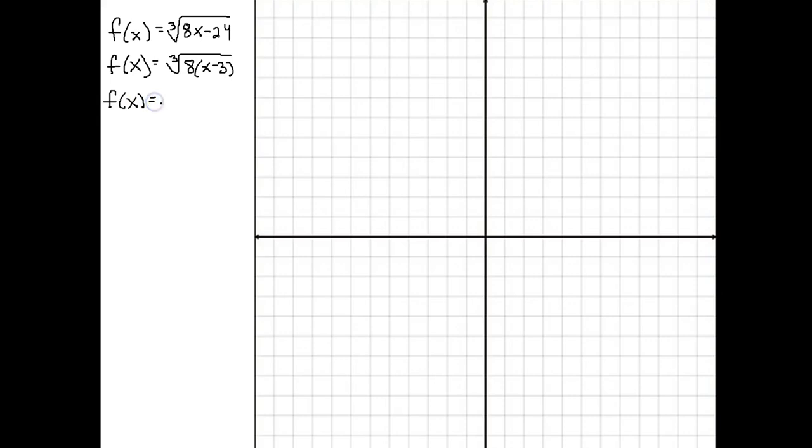So I've got cube root of 8 times cube root of x minus 3. So I've got 2 times the cube root of x minus 3. Now remember, the domain for the odd index is negative infinity to infinity. But we are going to have still some shifting.